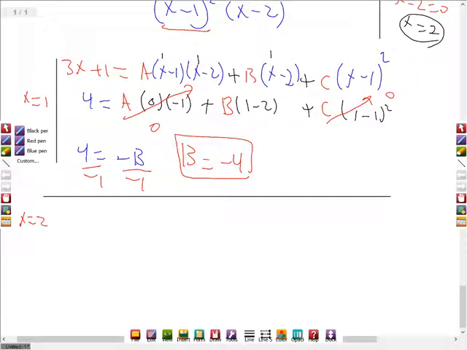Again, 3 times 2, 6, 7. Which one is going to cancel? This is going to be A minus 2 minus 1, and B. We know that B is negative 4. We found B negative 4.